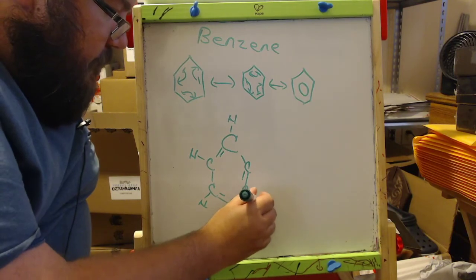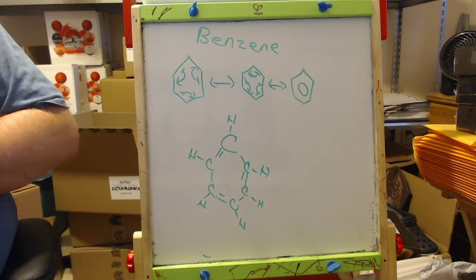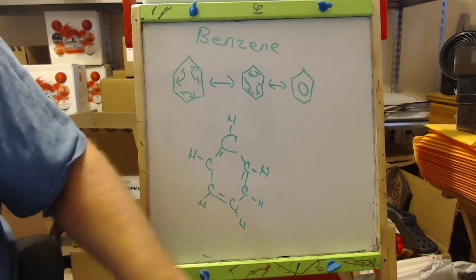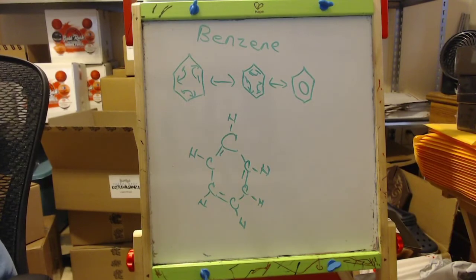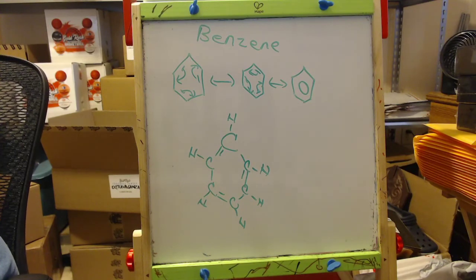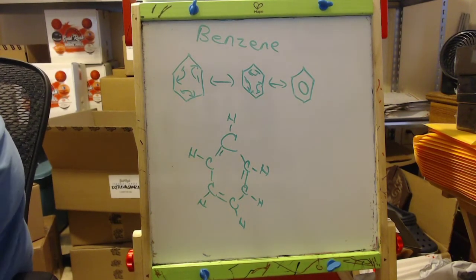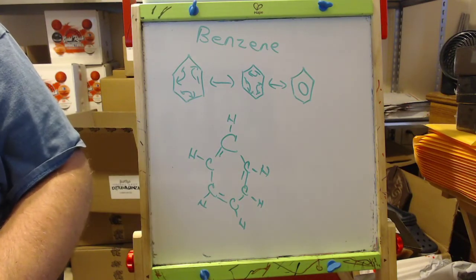Okay. No one really draws it out that way. When we start getting into ring structures, everybody goes with the skeletal way, assuming that you know that there's hydrogens there on our ring structure.